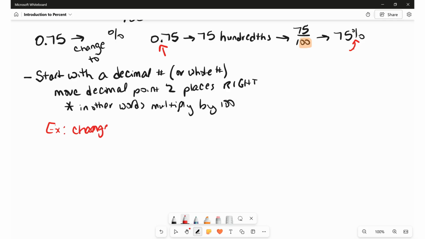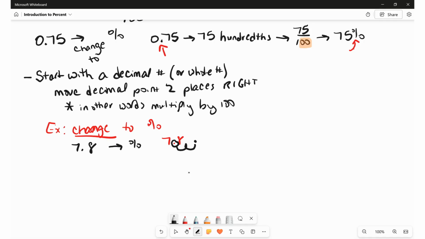We're going to change to percent. Let's say that we have 7.8. We're going to change this to percent. That means take the decimal point right here and move it two places. 1, 2, and let it land.